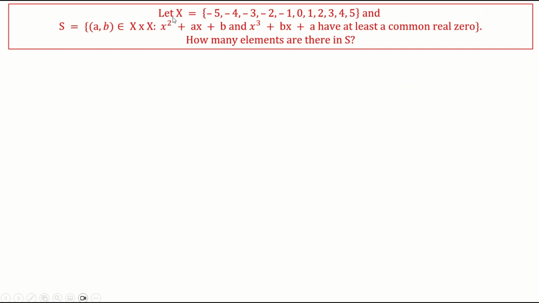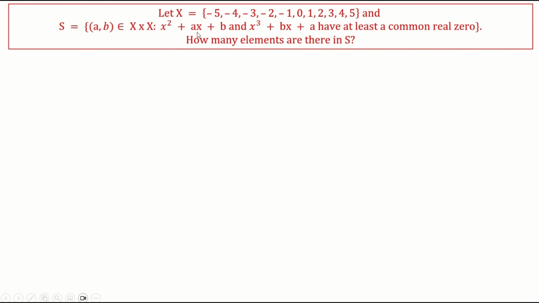A set is given, set X equal to minus 5 to plus 5, integer values, and set S is defined as (a, b) belongs to X cross X such that x square plus ax plus b and x cube plus bx plus a have a least common real zero. How many elements are there in S?